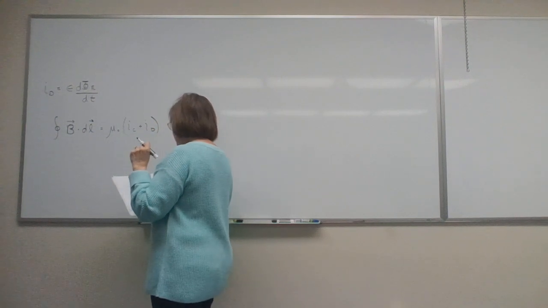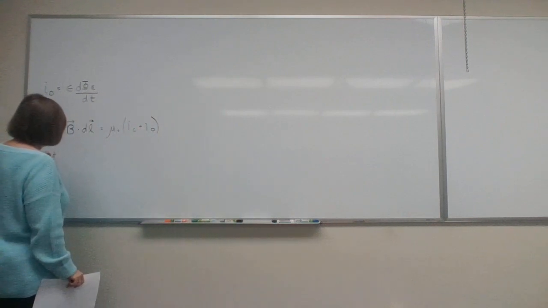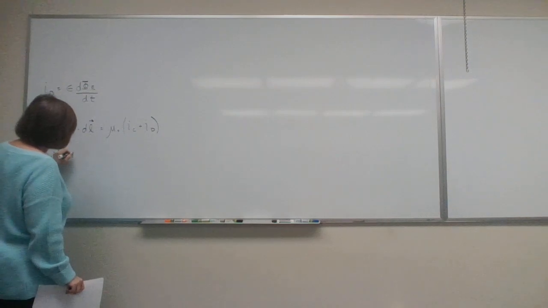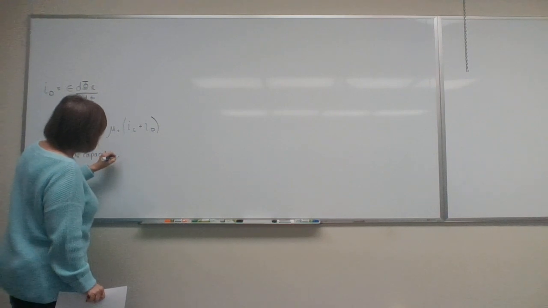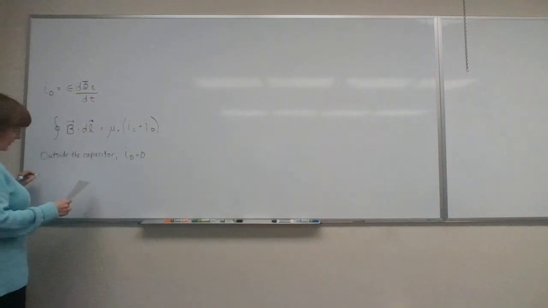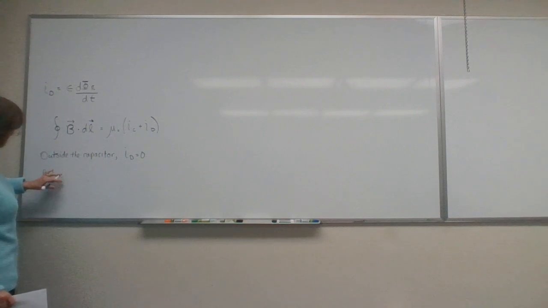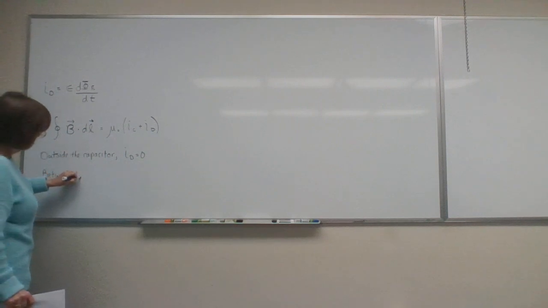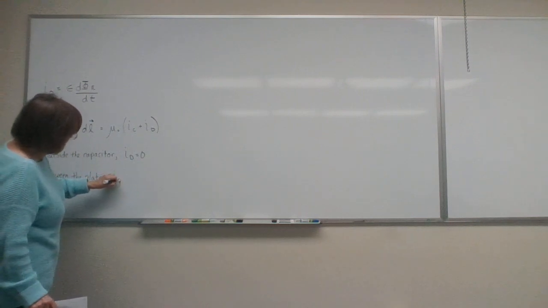Now, what you want to remember is if you're outside the capacitor, the displacement current is 0. If you're inside the capacitor or between the plates, that means the conduction current is 0.